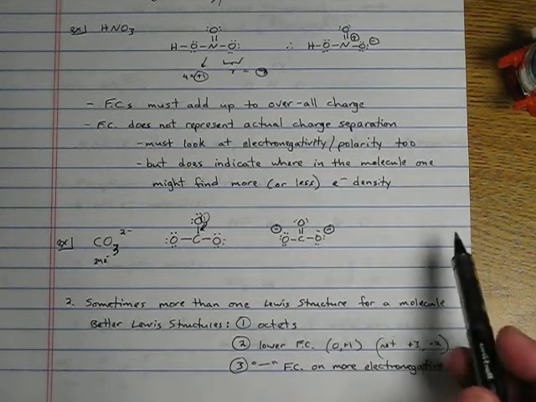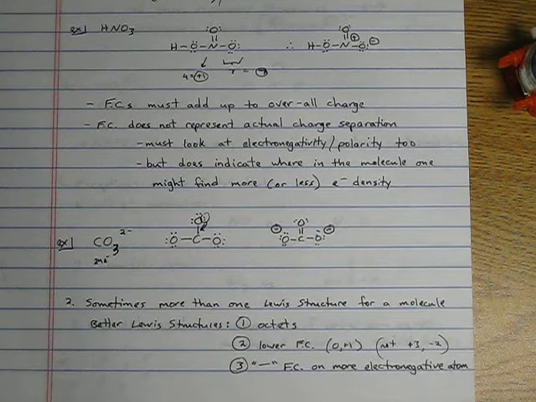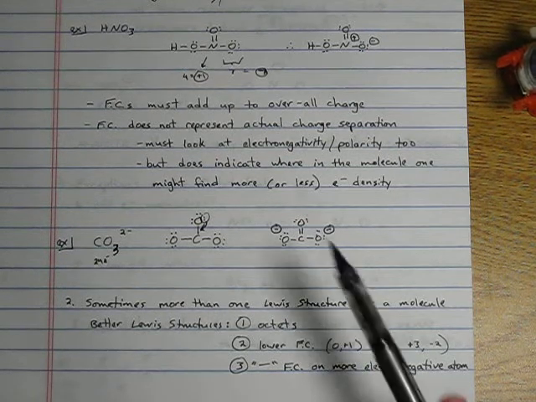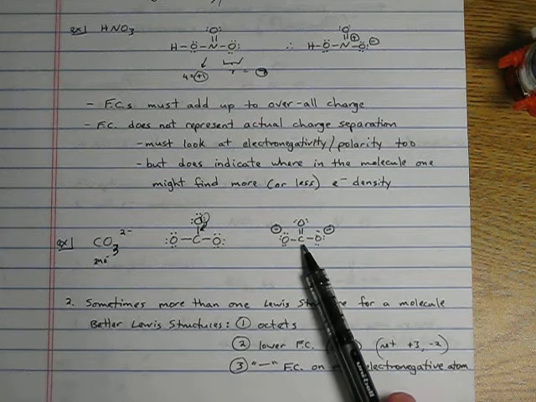Let's look at this oxygen up here. 1, 2, 3, 4, 5, 6. We count 6 electrons for determining formal charge. We know oxygen normally has 6 electrons, so that tells us 0 formal charge on that oxygen that's double bonded. How about this carbon? Carbon normally has 4 valence electrons.